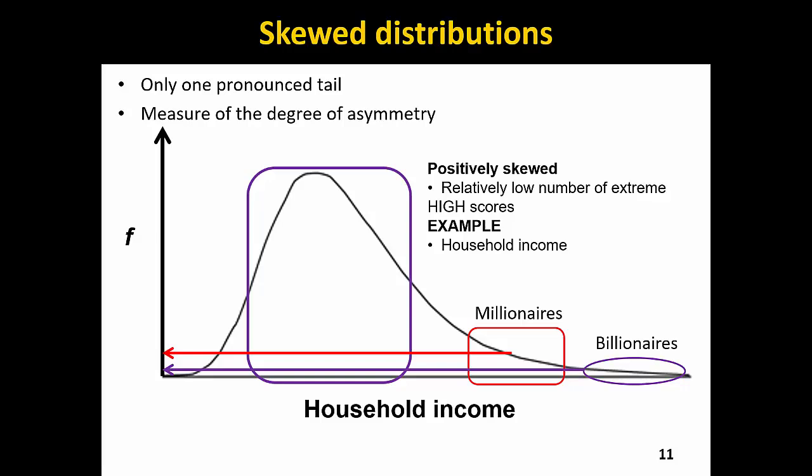But if we track this point in the distribution over to the y-axis, we see that in terms of household income in Canada, there's a very small number of households that would be classified in the billionaire status, much less than the millionaire status, both of which are considerably less than household incomes at a much, much lower level. So this ends our video on a review of skewed distribution.